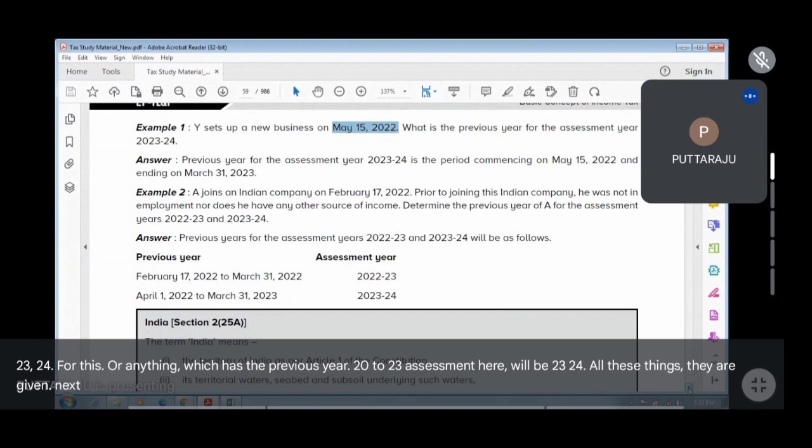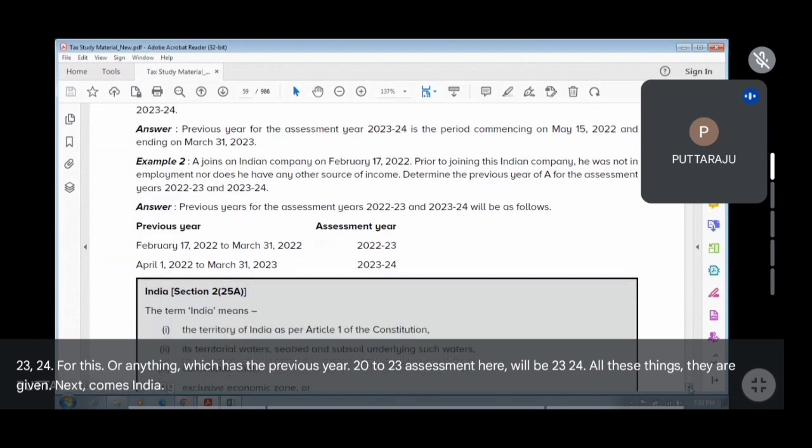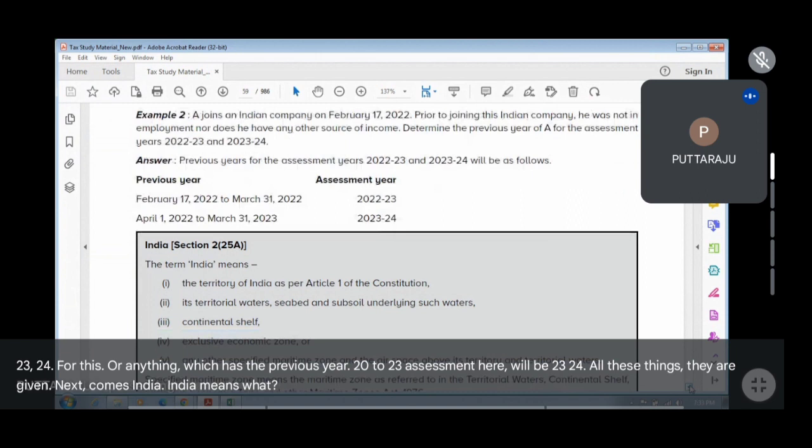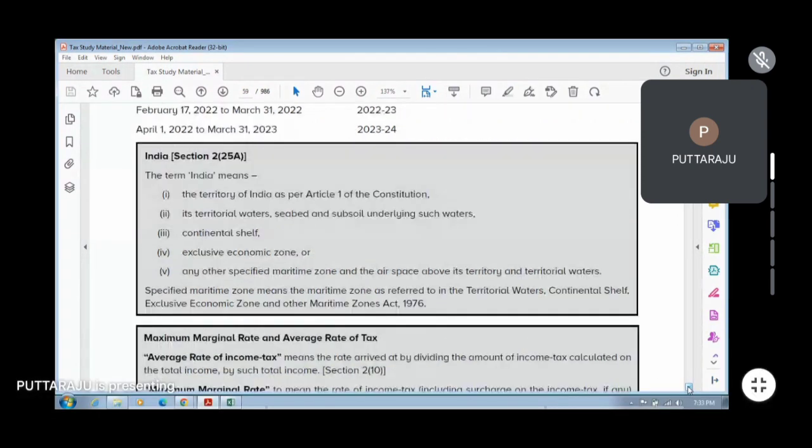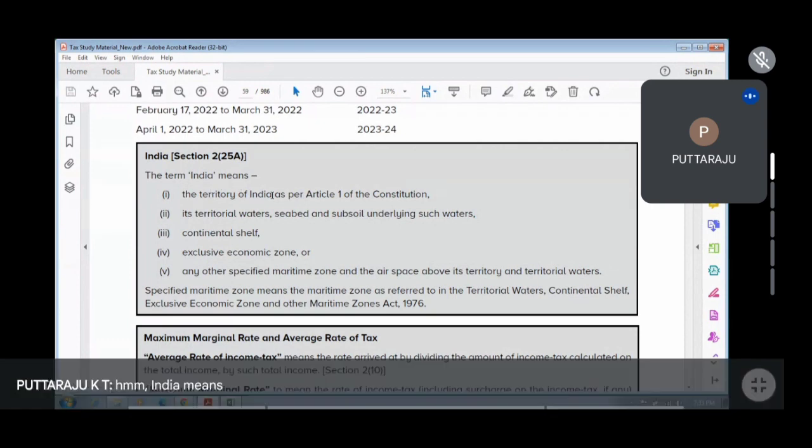Next comes India. India means territory of India. Territory of India means what? Land mass.